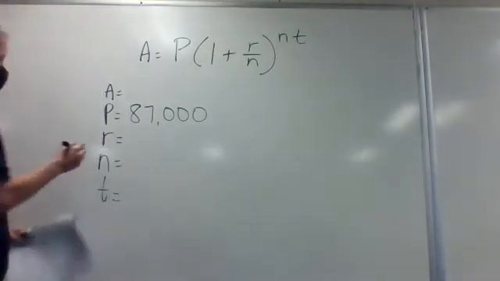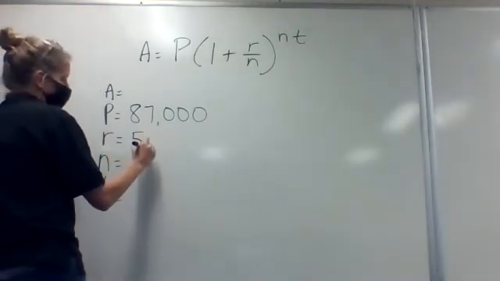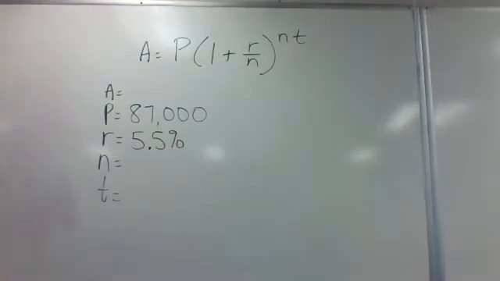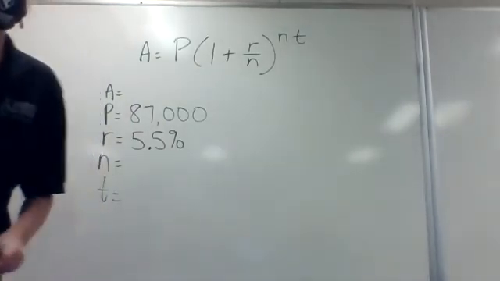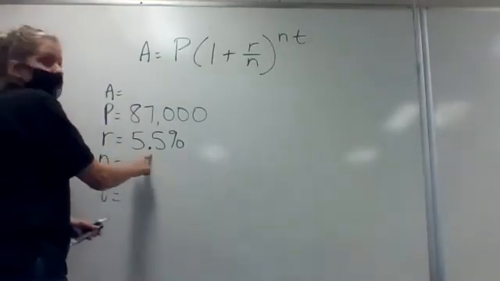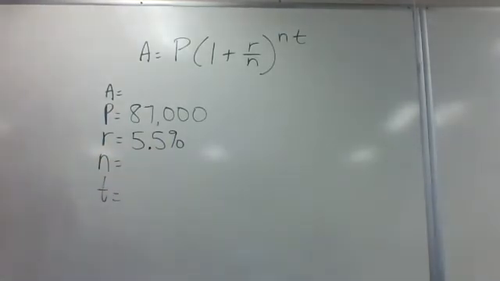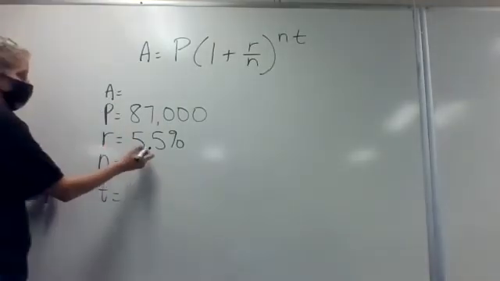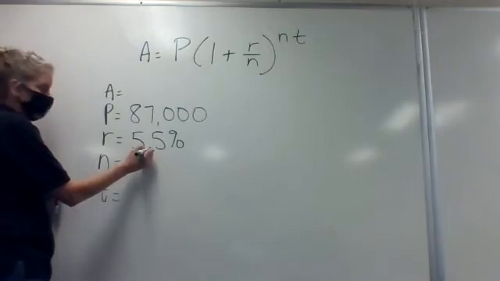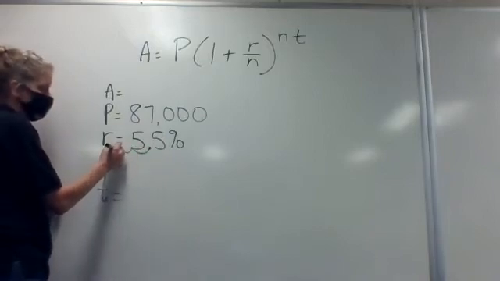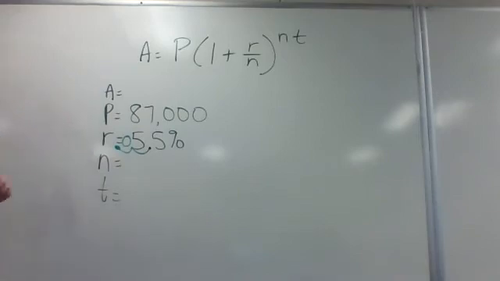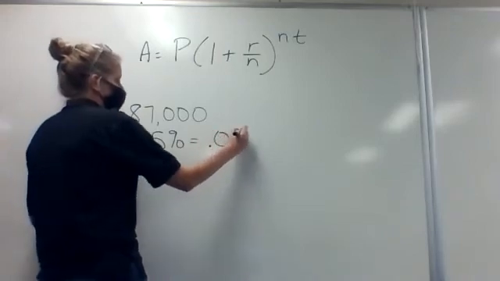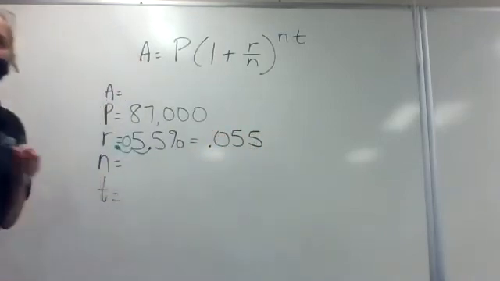At 5.5% interest. So the interest rate is 5.5%, right? Now, in order to use this formula, this has to be changed to decimal form. When you're going from a percentage to a decimal, you're going to move this decimal 2 places to the left, and then you're going to fill in that hole with a 0. So the interest rate in decimal form is going to be 0.055.